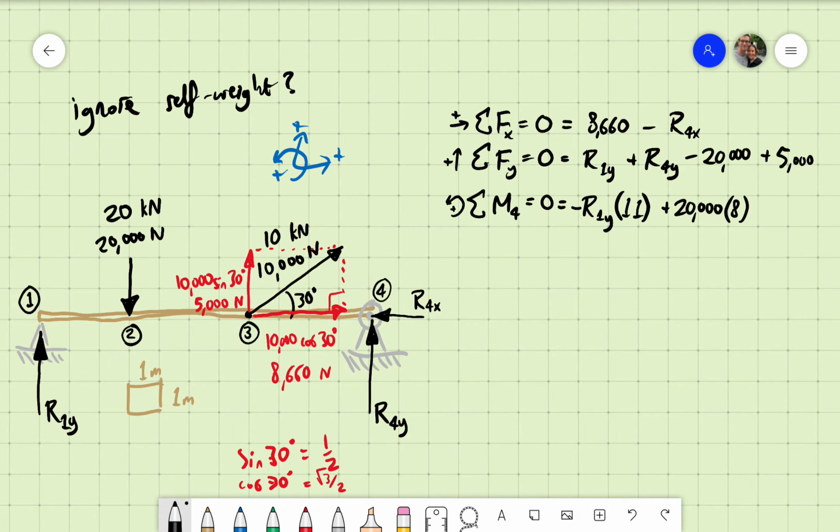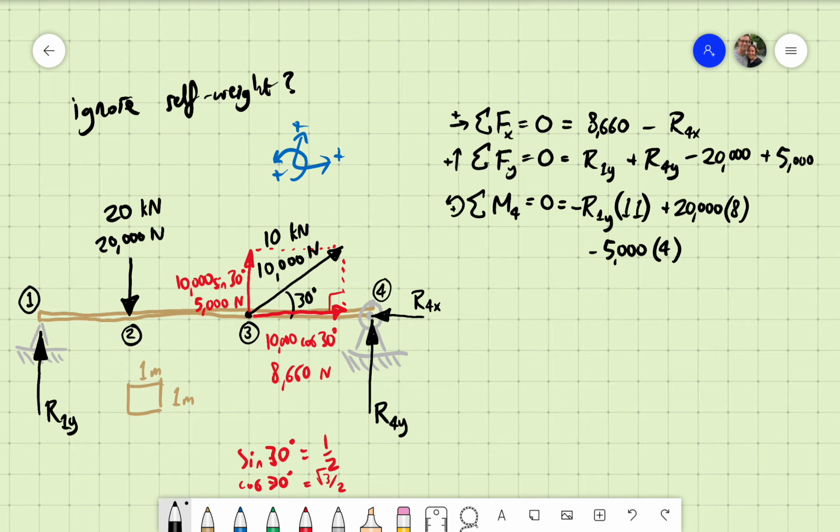We have minus 5,000 times 1, 2, 3, 4. And that is the end of it. This 8,660 doesn't cause a moment around point 4 because it is also shooting straight through that hinge, and these ones don't for the same reason. Okay, so that's it. Now we work on it.